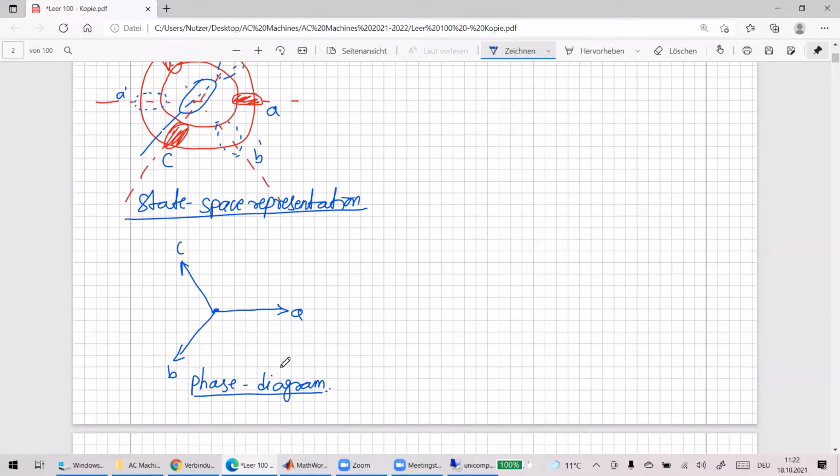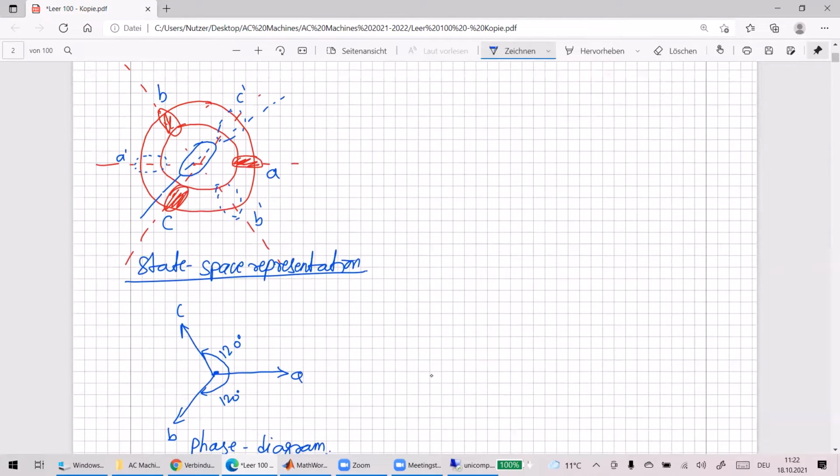In this phasor diagram, we see by what angle the other phases are lagging. If you see here, the B axis is lagging the A axis by how many degrees? 120 degrees. And the C axis is leading the A axis by 120 degrees again. Here also we have a 120 degree angle, so I will draw it in the state space representation. This is your A axis, this is your B axis, and this is your C axis.